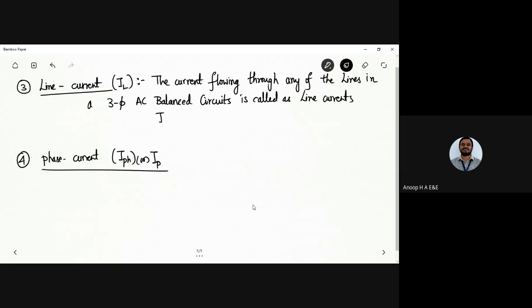We call them IR, IY, and IB. So that is where we call it the line current.